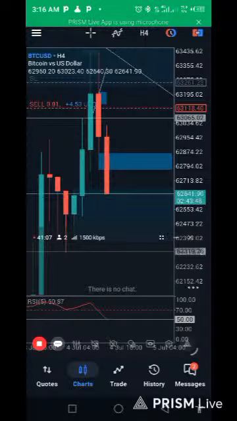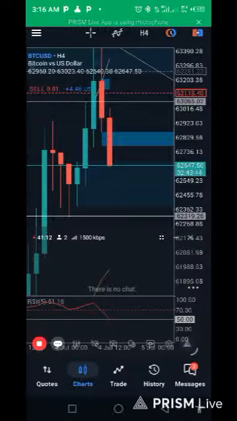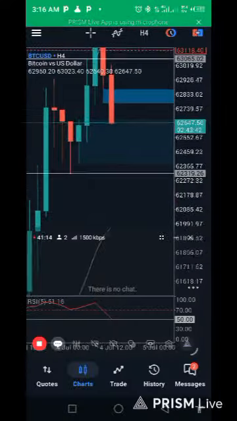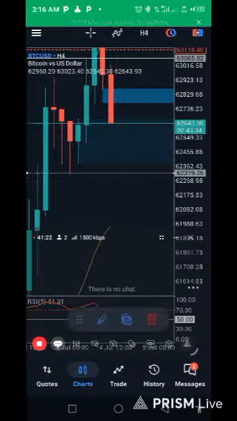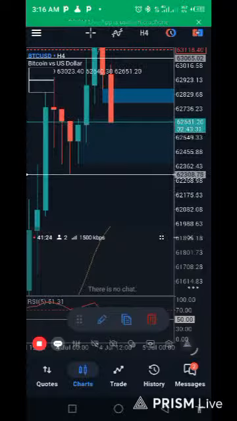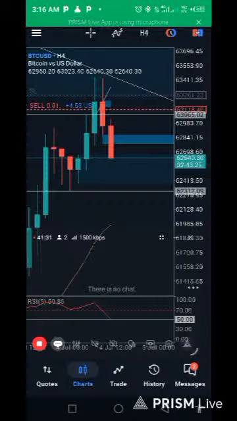It's either it does that or it just goes down, because this is a sharp fall. If it goes down and disrespects this other block and breaks this structure, this lower low, higher low here, then you know there's a change of character.